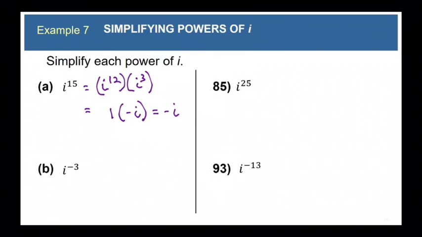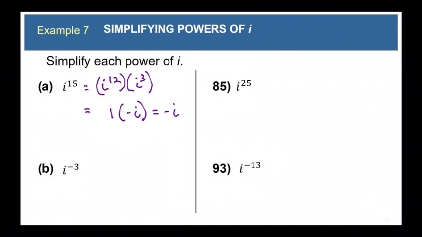Okay, now let's try it on part B, which is a negative power. So it would be much easier for us if the power were positive. So the trick here is to think about the absolute value of negative 3 is positive 3, and think of a multiple of 4 that's more than positive 3.